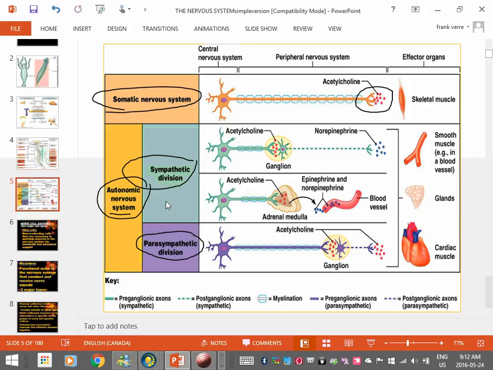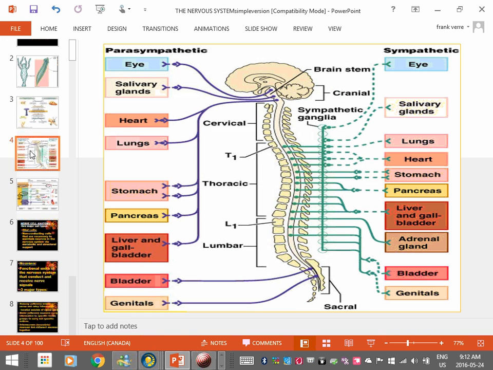These two systems are antagonistic, so they do the opposite of each other. The sympathetic is what we studied in the stress response. Okay? I didn't call it sympathetic, but it's one of the things involved in the stress response. Remember in the stress response we looked at the branches of the nervous system. So the system that was involved in that stress is called the sympathetic system. So it's on the right. What it does in a stress response is release adrenaline, and the adrenaline has certain effects.